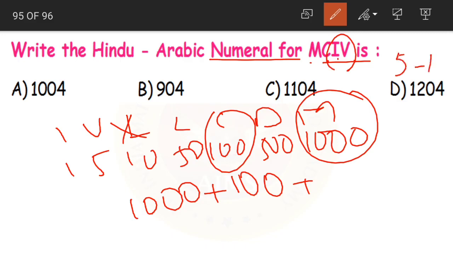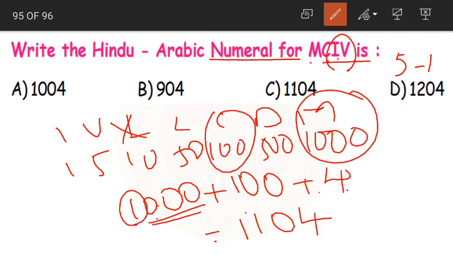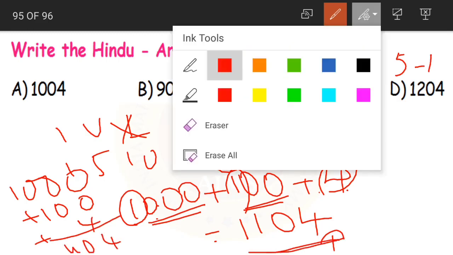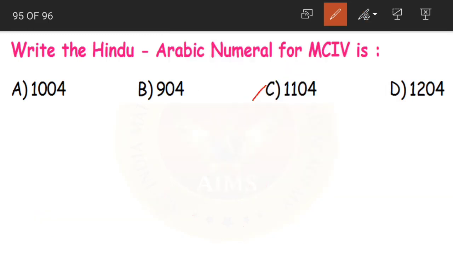IV means 5 minus 1, that is equal to 4. So what will be the resulting number here? 1104. 1 in the thousands place, 1 in the hundreds place and 4 in the ones place. So 1000 plus 100 plus 4 becomes 1104. Option C becomes our correct answer. So 1104 is the Hindu-Arabic numeral for MCIV.